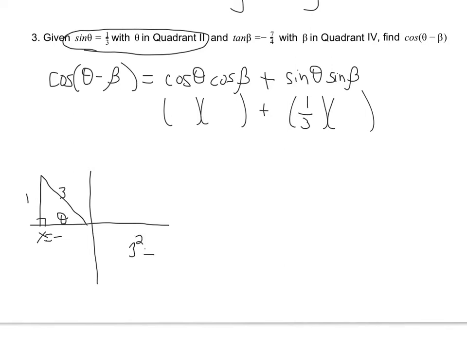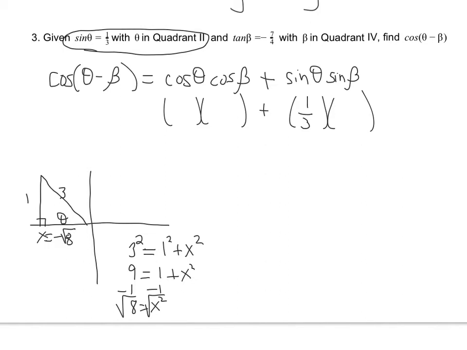So 3 squared equals 1 squared plus x squared, so 9 equals 1 plus x squared. I'll subtract 1, so 8 equals x squared. Take the square root, so x is the square root of 8. In this case, x is negative square root of 8.